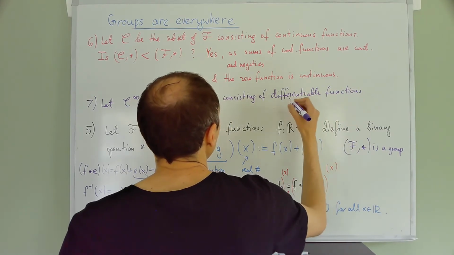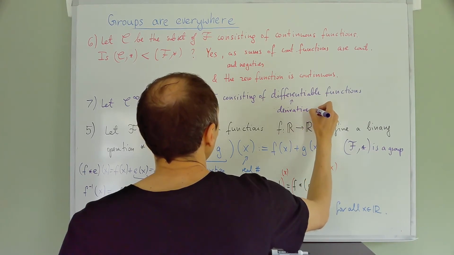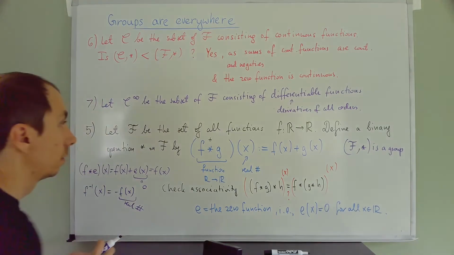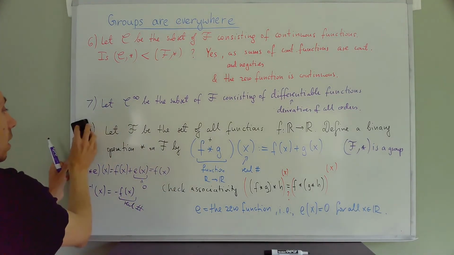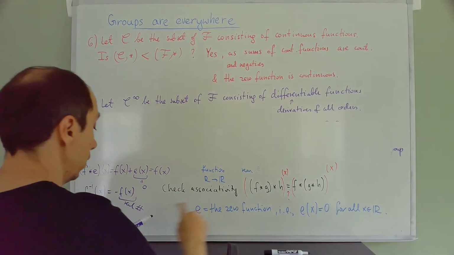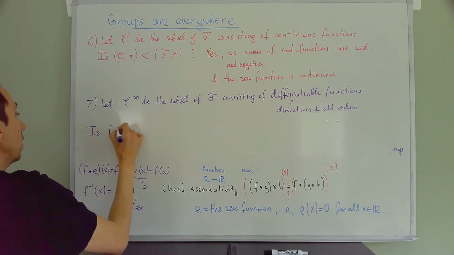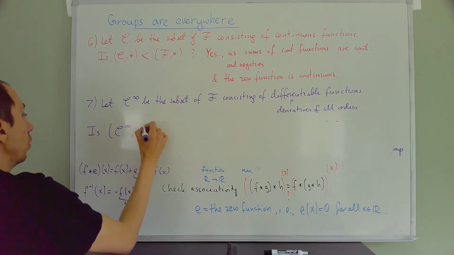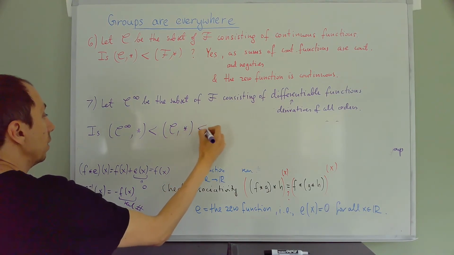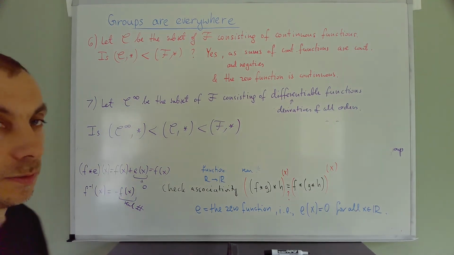So that means derivatives of all orders. Is that a subgroup? So, is C infinity with star a subgroup of C with star? And this I know is a subgroup of F with star.